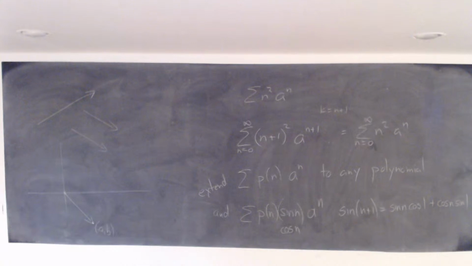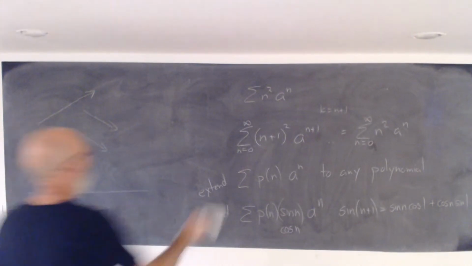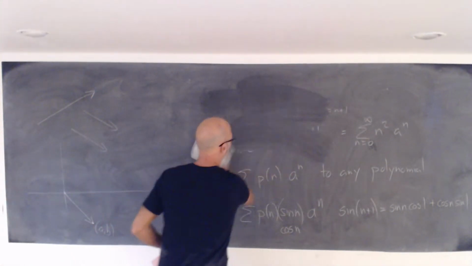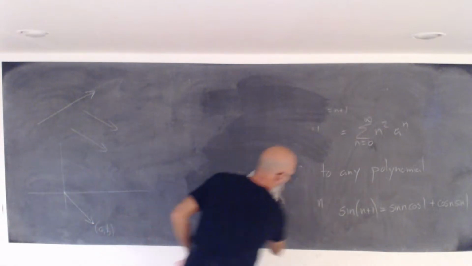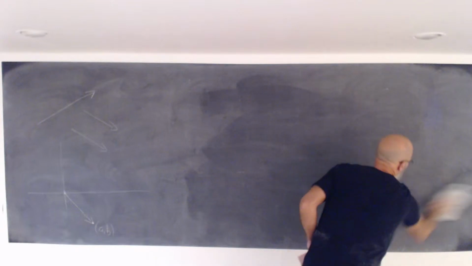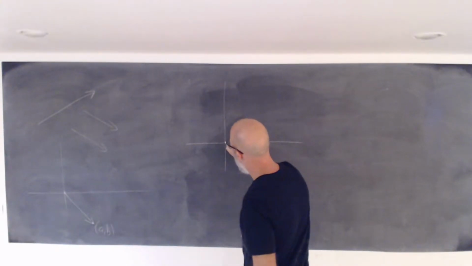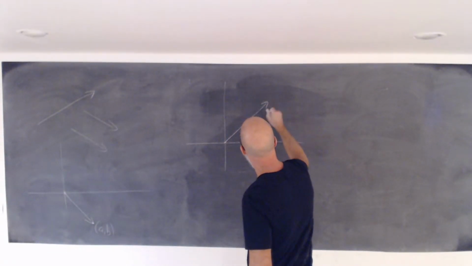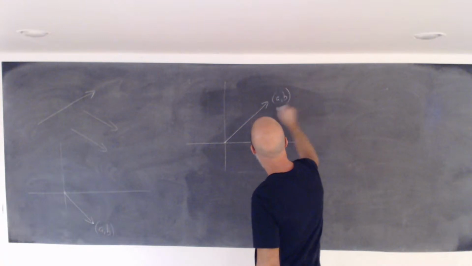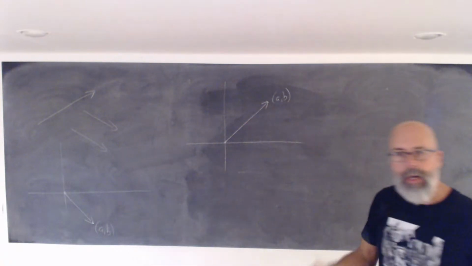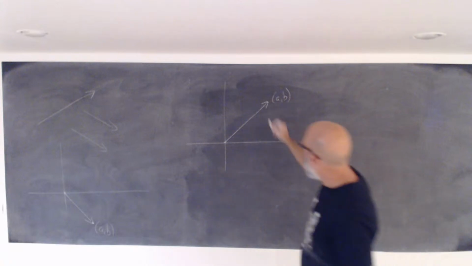The magnitude, right? So if you have a vector starting at the origin going to the point AB, then we're going to say that that is the vector AB.